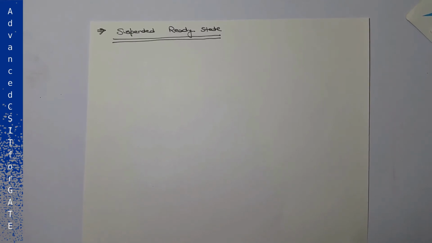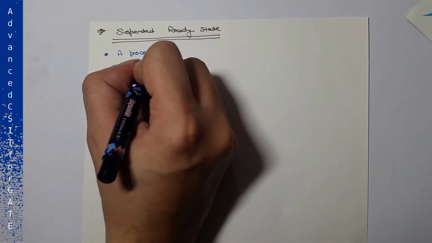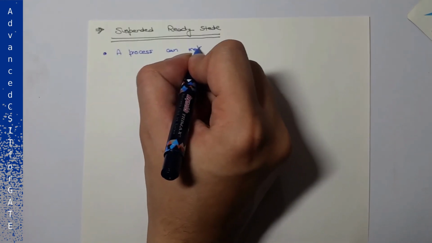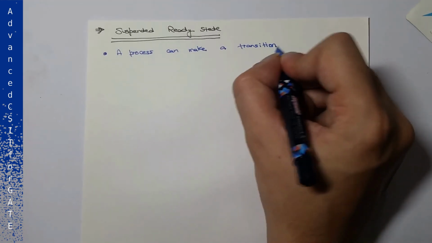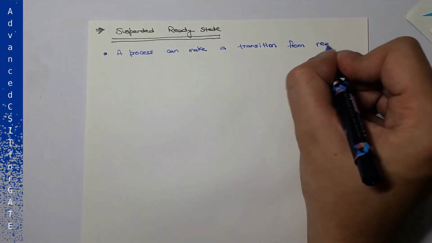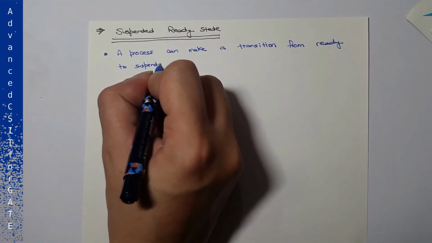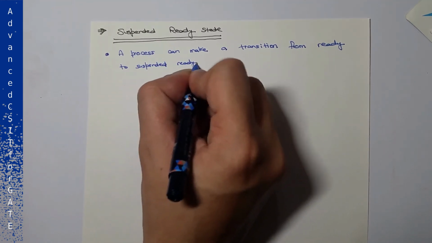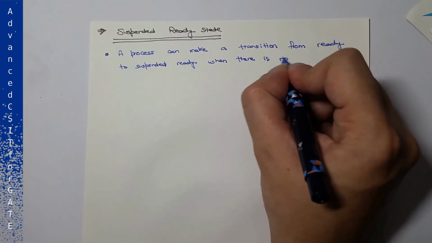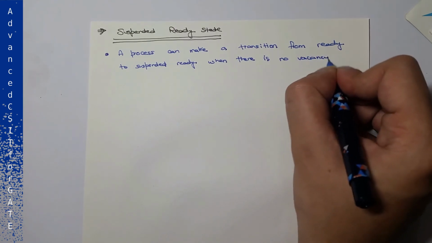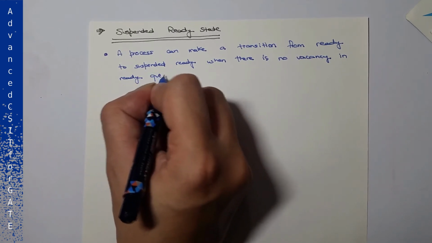The suspended ready state, so first point is a process can make a transition from ready to suspended ready when there is no vacancy in ready queue.